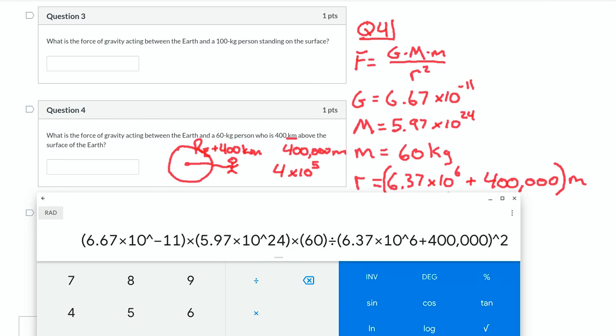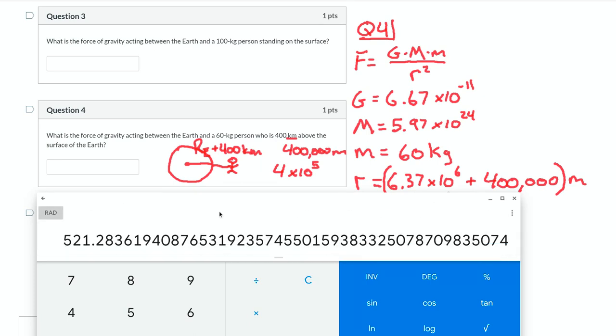Now, as you can possibly imagine, if you're getting this wrong, the chances are that you're typing it into your calculator incorrectly, because there are a lot of carets and parentheses, and that could be where things are going wrong. So you want to double check, make sure you have what I have here, and hopefully what I have here is correct. I think that's the right answer, 521.28.